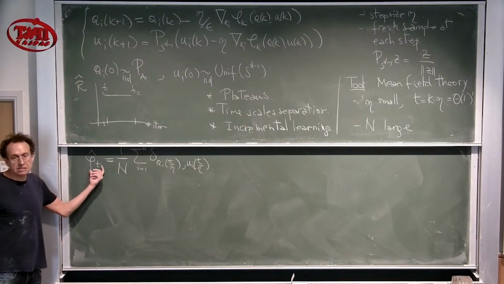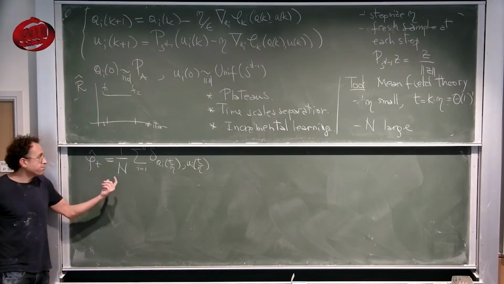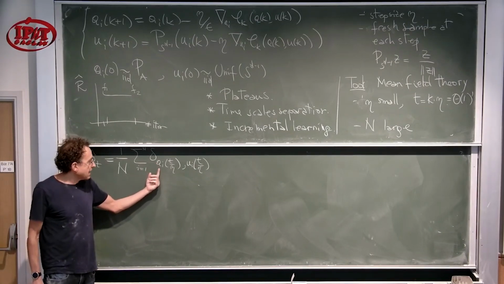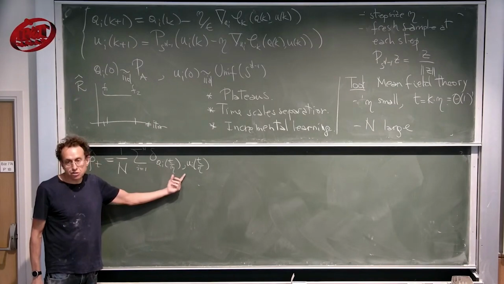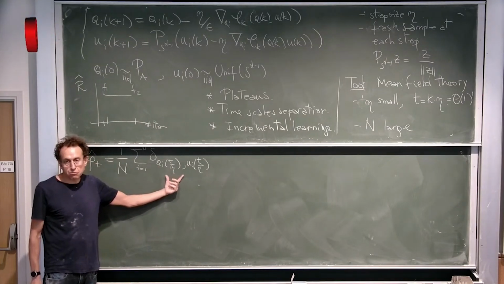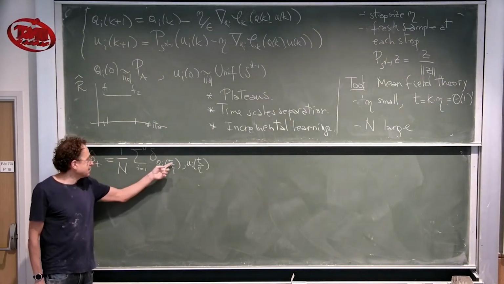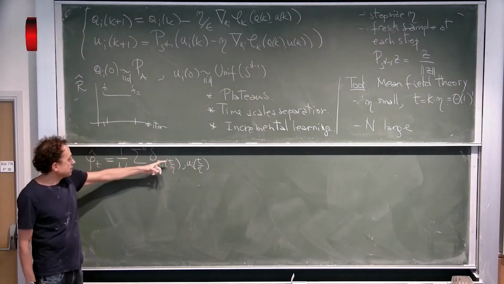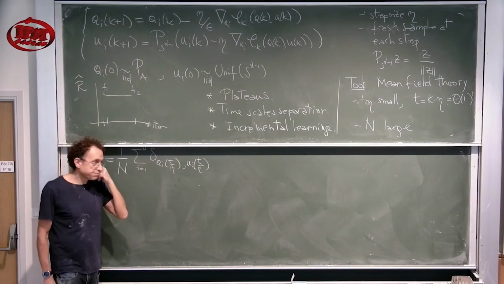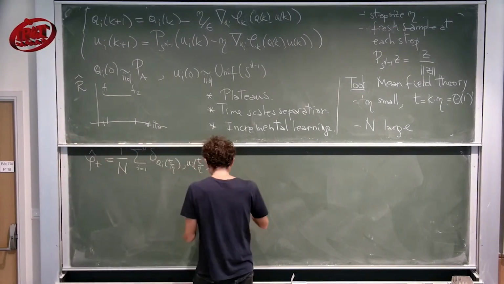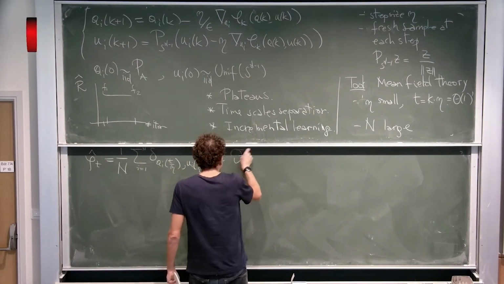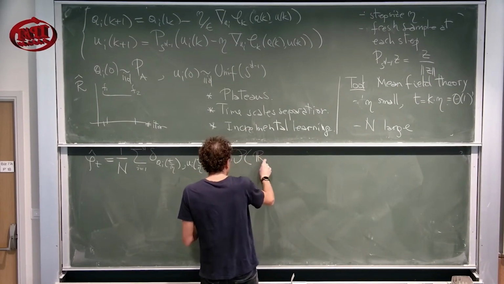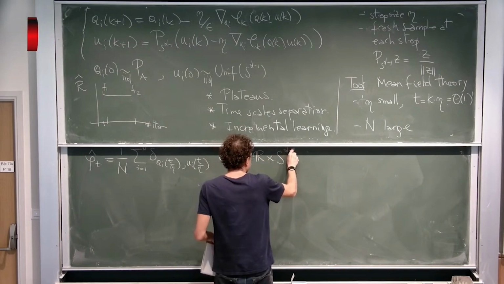This is a probability distribution that puts mass 1 over N on each of the points (a_i, u_i), for i up to N. And I look at time t, so since here it's k, I have to rescale. Okay. So this is a probability distribution over R cross the sphere.